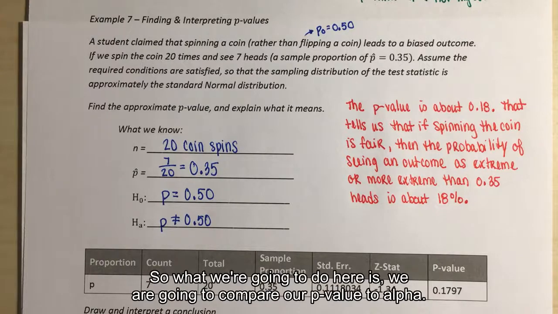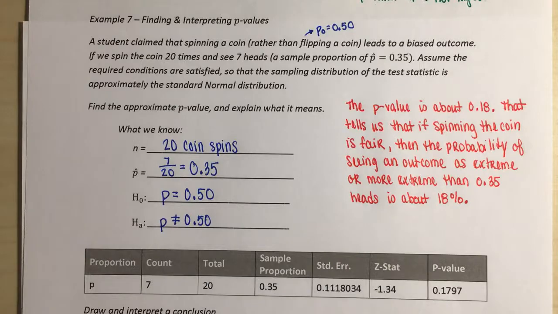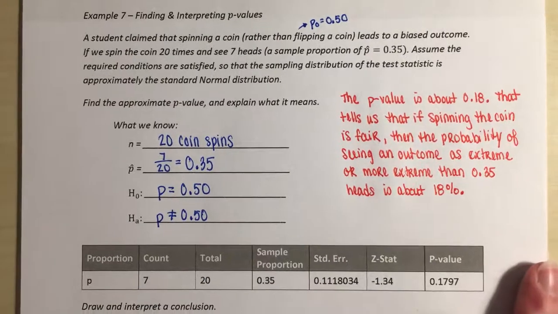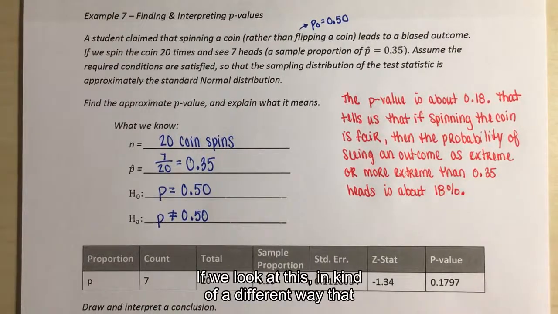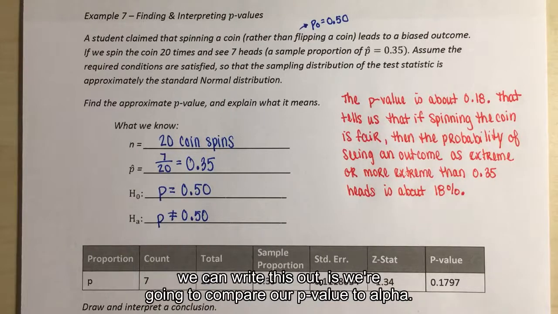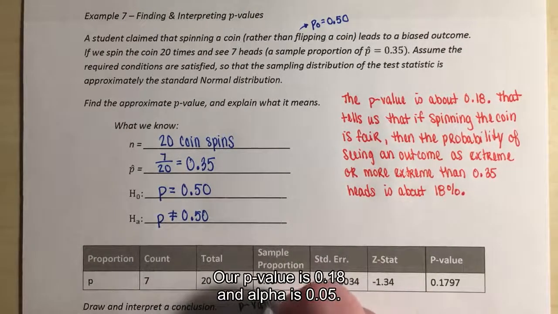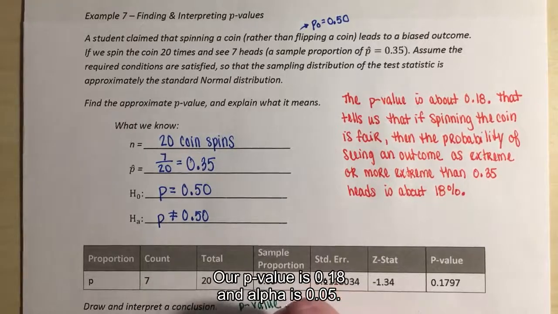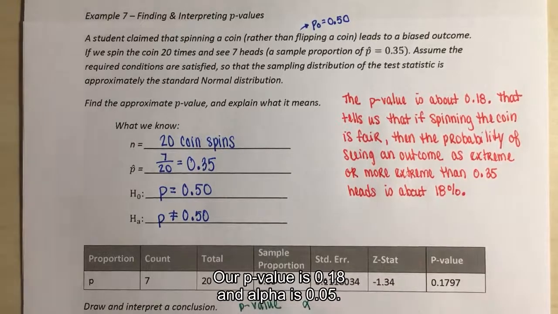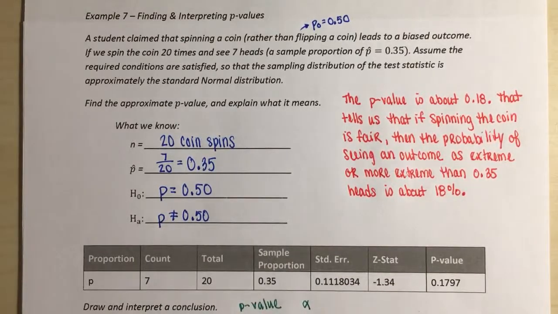What we're going to do here is compare our p-value to alpha. So our p-value is 0.18 and alpha is 0.05.